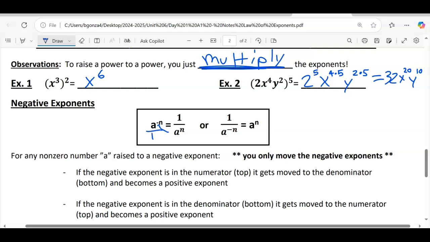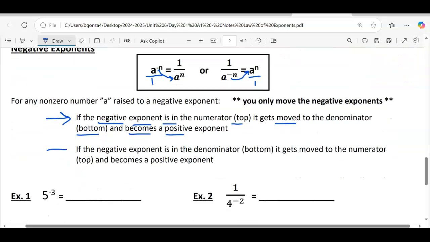This negative came to the bottom and became positive. This negative on the bottom came to the top and became positive, okay? And it says it right here. If the negative exponent is in the top, it moves to the bottom and becomes positive. If the negative exponent is in the bottom, it moves to the top and becomes positive. Okay?